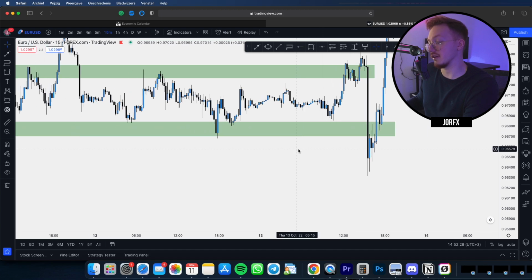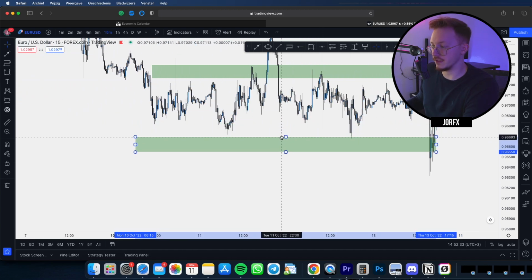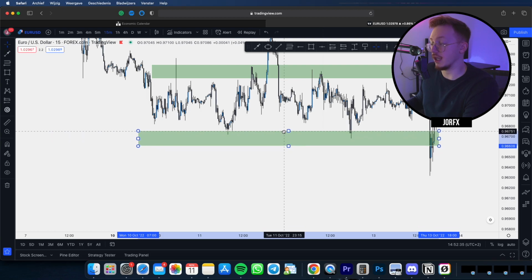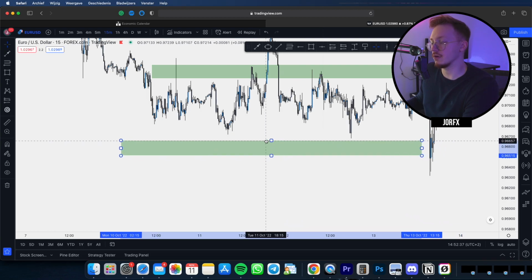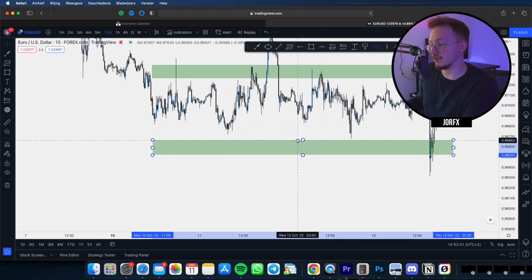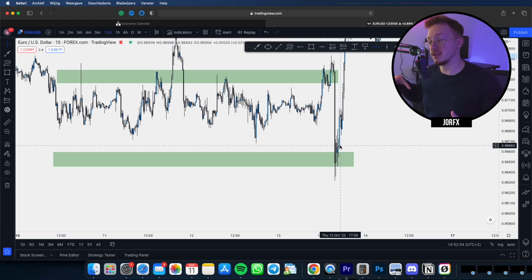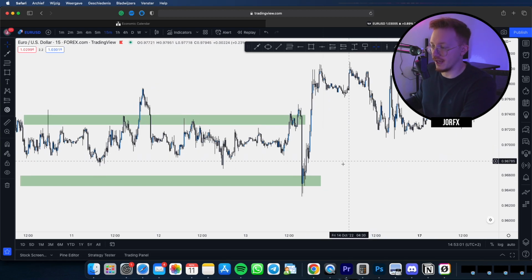And where does it collapse to? Underneath all of these lows, and a lot underneath it. So everyone that was long in here and that had a stop loss underneath this area was stopped out 100%. So your position gets bought by someone else. A lot of money is coming back into the market and the market flies up.